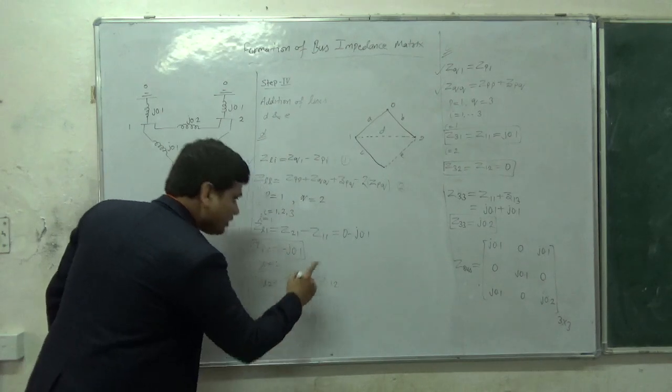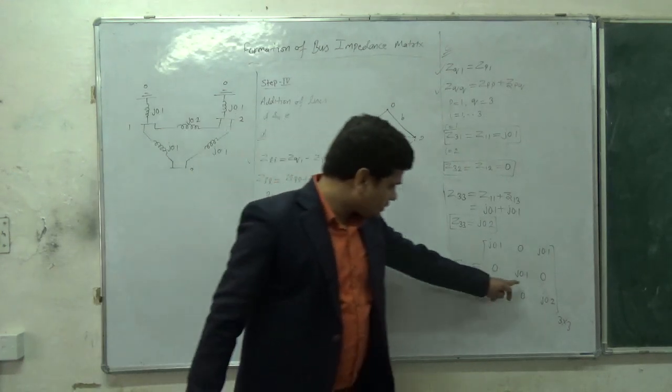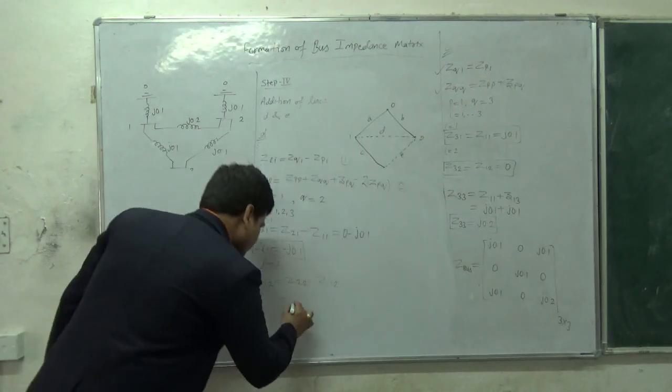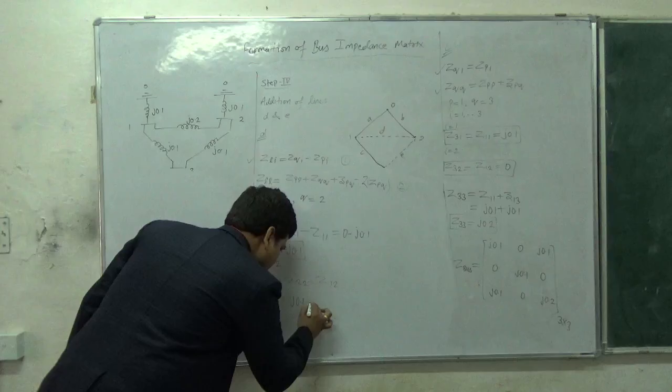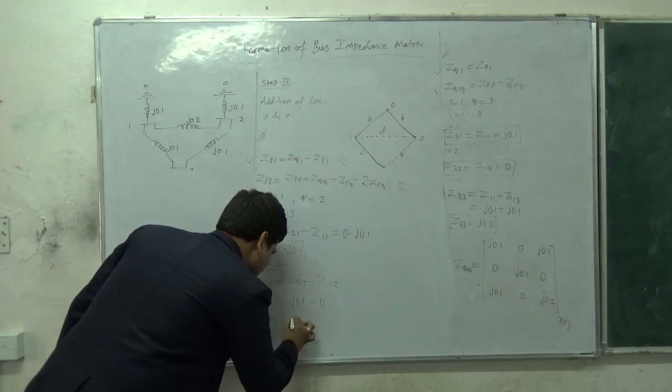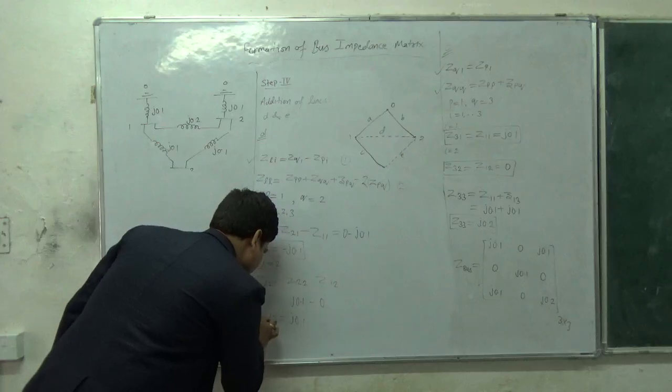See the values from the matrix: Z22 is j0.1 minus Z12, which is 0. So it is j0.1 minus 0, and your ZL2 will be j0.1.